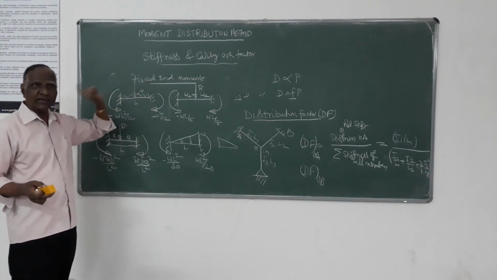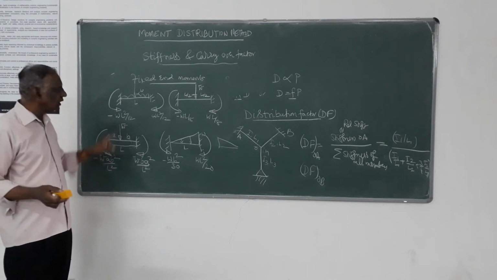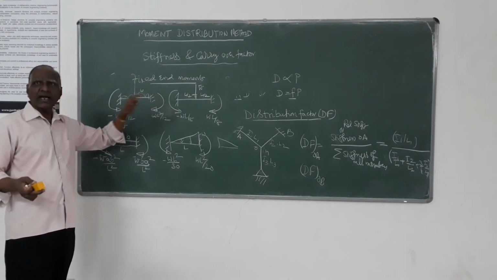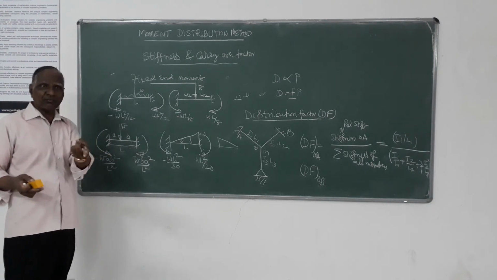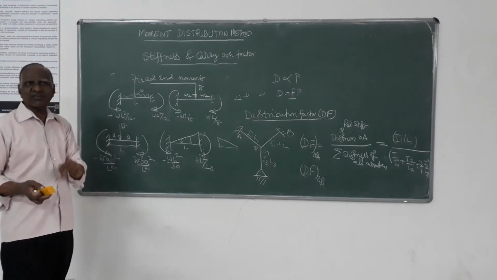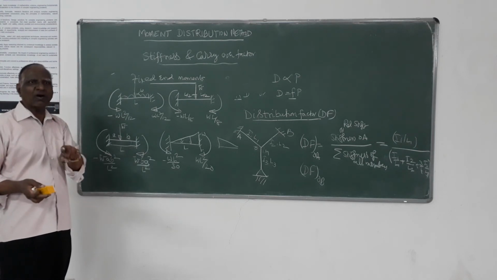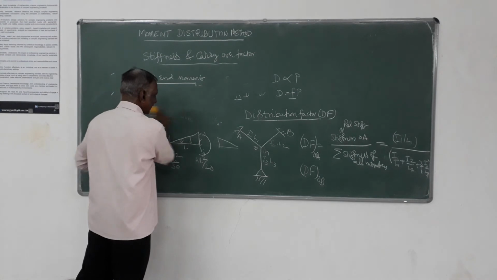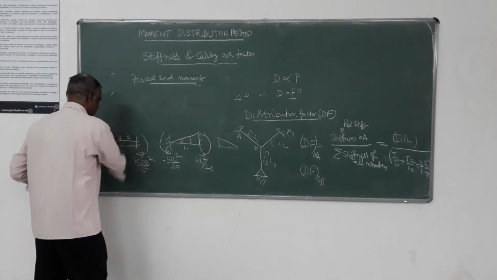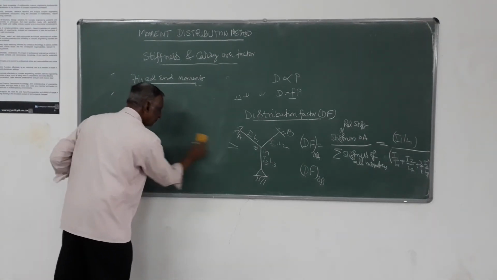That we call the fixed end moment due to loads acting on the members. There is another type of loading, that is settlement of support. That's also a type of loading, and in a given example we already worked a problem in the slope deflection method.